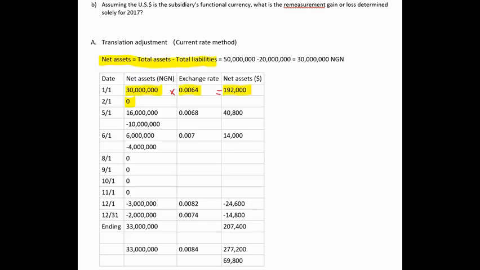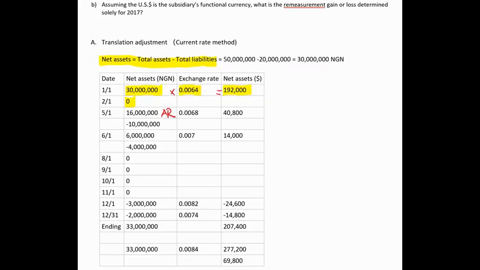Second transaction, they sold the entire inventory for 60 million NGN. In this transaction, there are going to be two journal entries. The first is to debit accounts receivable and credit sales by 16 million. That increases total assets by 16 million, the accounts receivable. The second journal entry is to debit cost of goods sold and credit inventory.